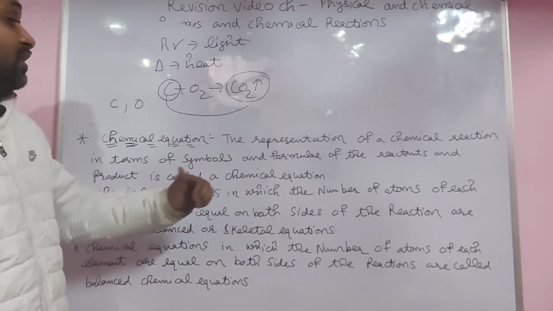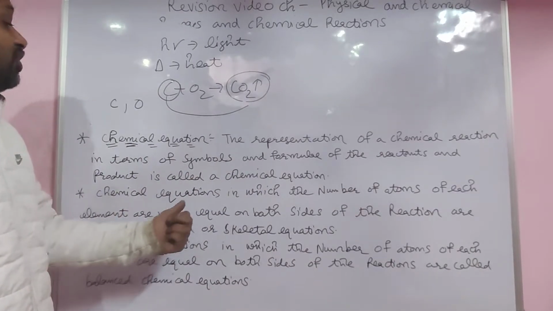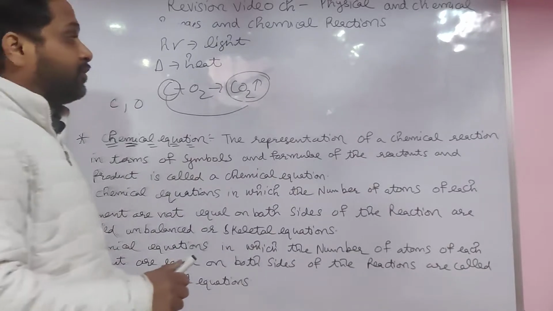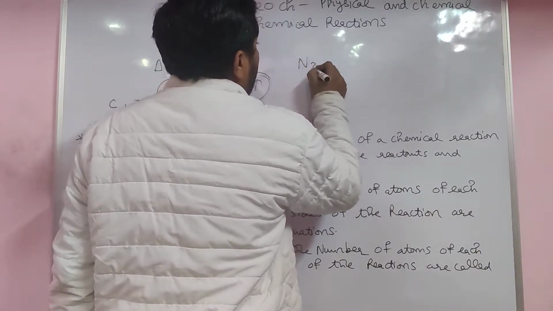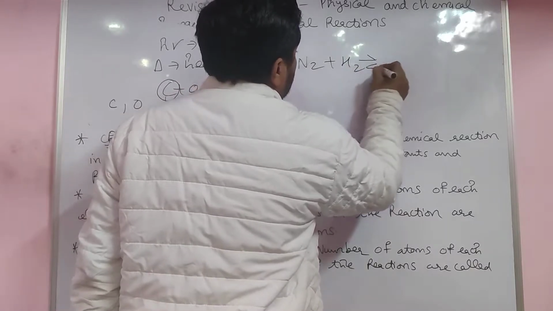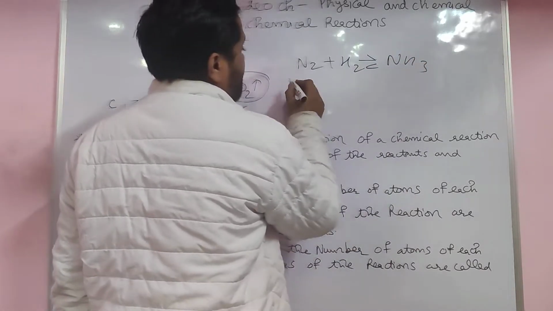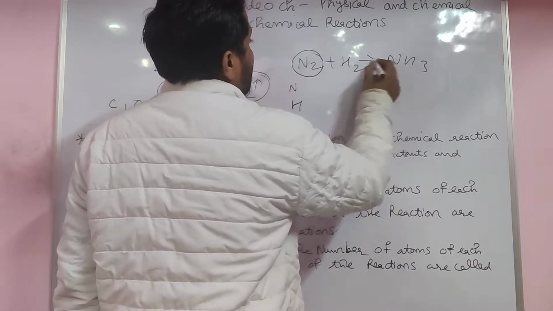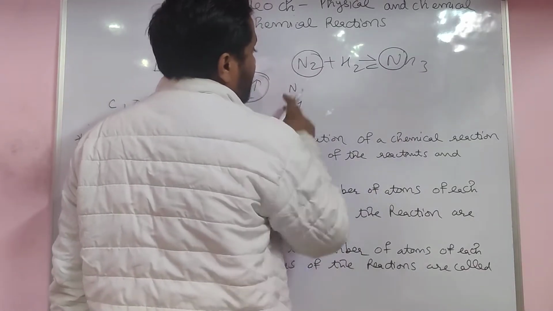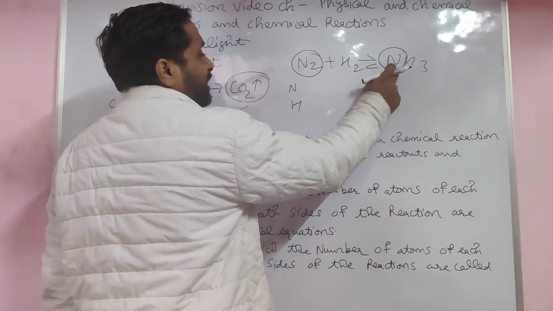Now a chemical equation in which the number of atoms of each element is not equal. For example, the Haber process I already told you about: N2 plus H2 gives NH3. How many elements are there? Nitrogen and hydrogen. Here nitrogen 2, here nitrogen 1.